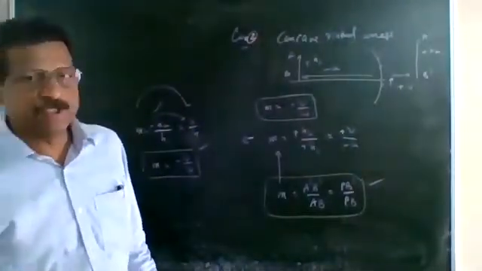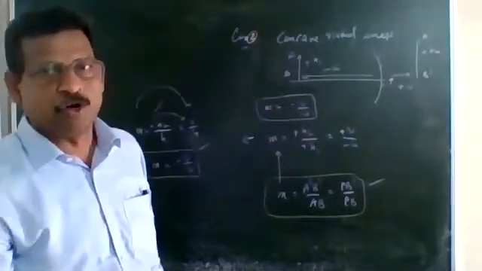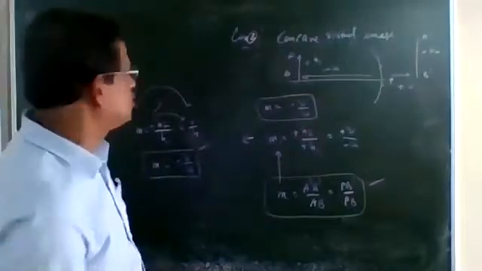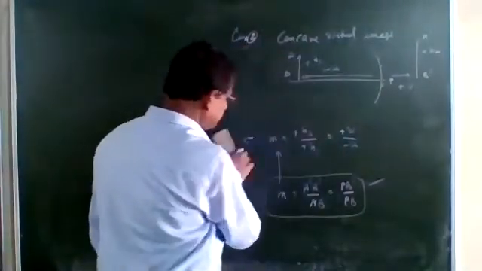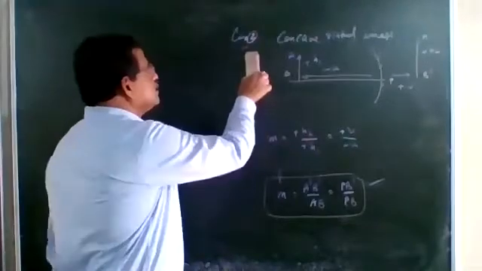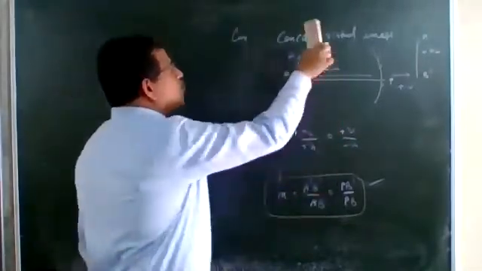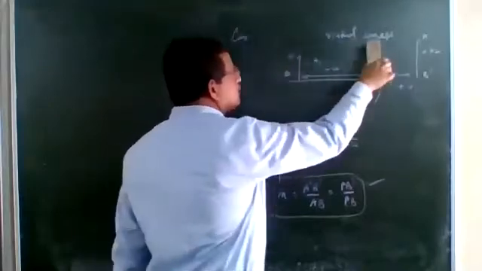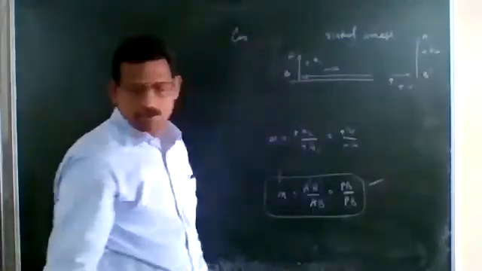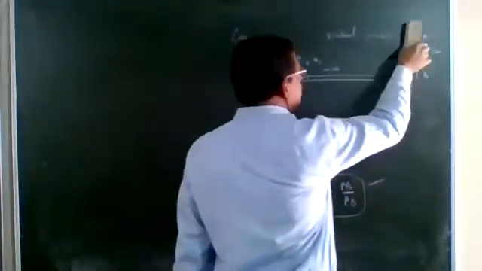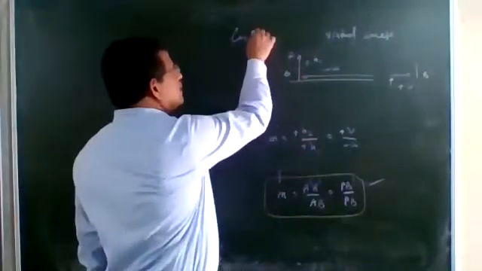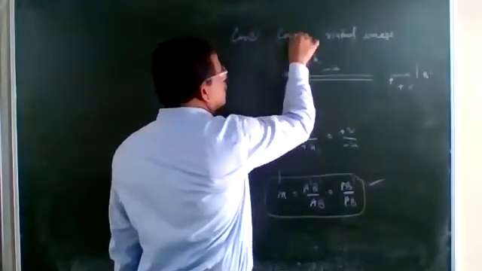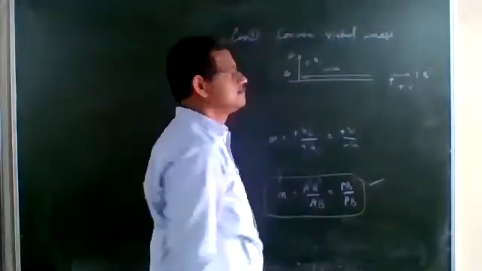And one more case we discuss: convex. Convex produces virtual image, diminished image. And see what equations we get. So case 3, convex virtual image.